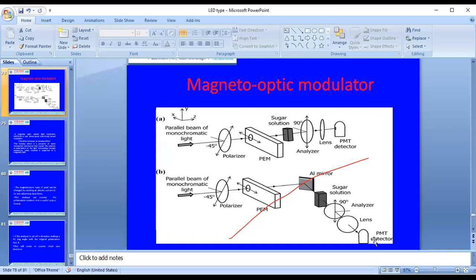This refractive index change is produced by electric field changes or magnetic field changes. If it is by magnetic field changes, the refractive index changes are observed from the modulator; that type of modulator is called a magneto-optic modulator. Whenever the electric field changes, the electric signal gives a change in refractive index; that is the electro-optic modulator.